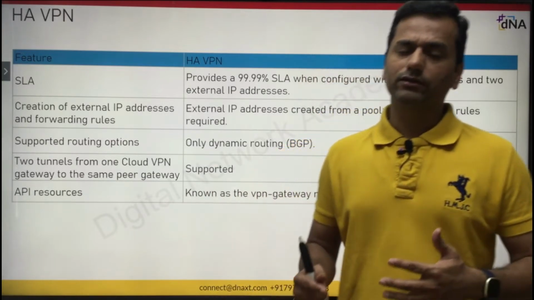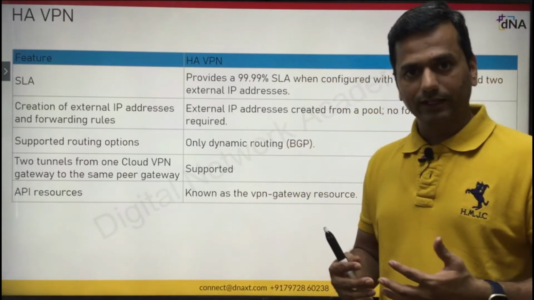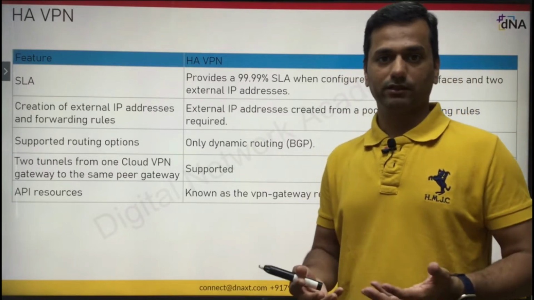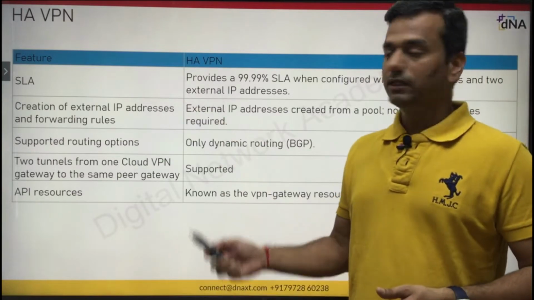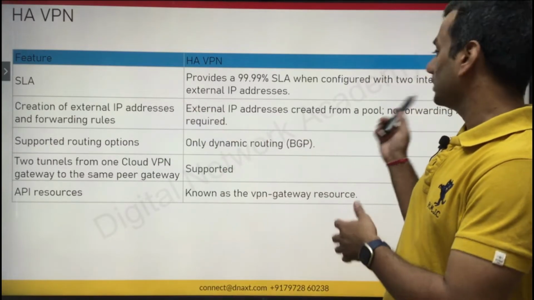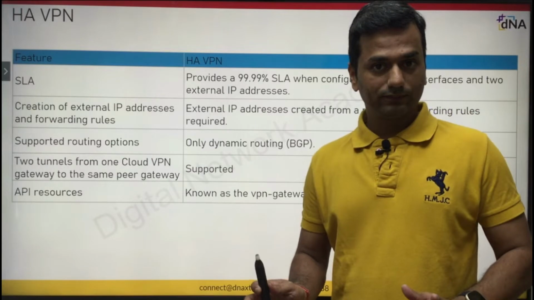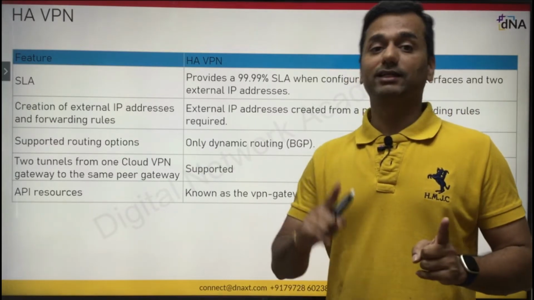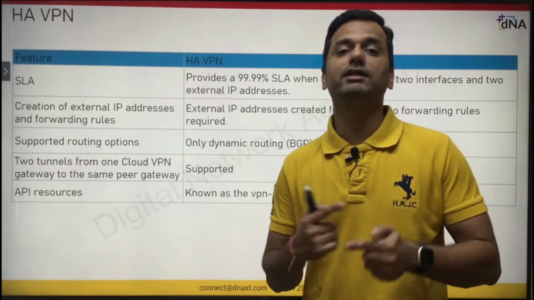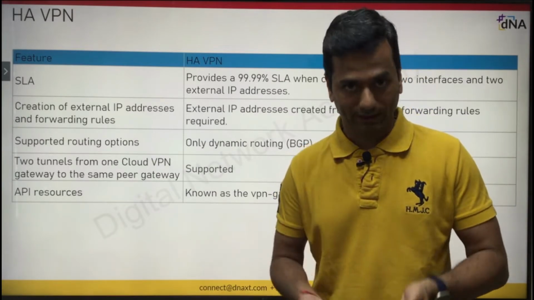For that traffic, which is initiated by the GCP Cloud VPN gateway, if you are using HA VPN, no forwarding rule is required. But in Classic VPN, GCP will create a forwarding rule automatically.